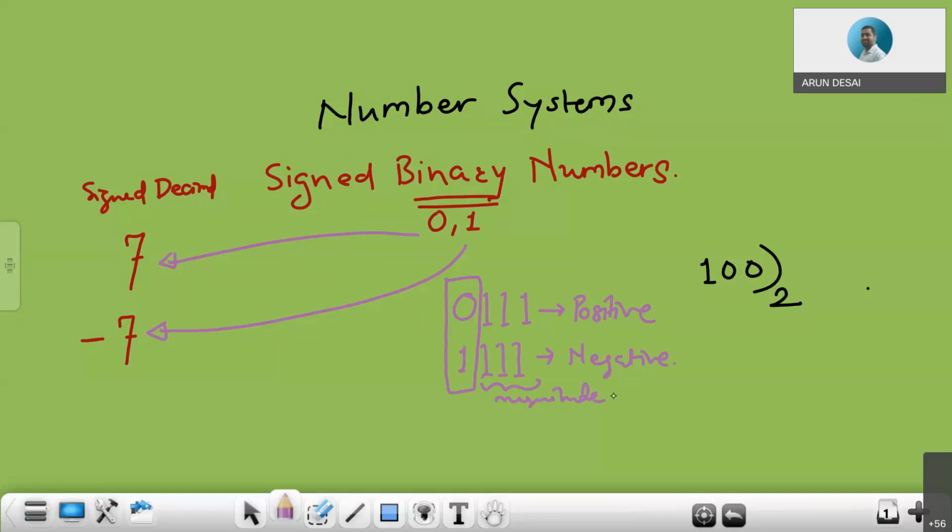So the first bit should be considered as the sign bit, and the remaining bits are considered as the magnitude of the exact number, if that representation is signed representation in case of binary. So this is about binary signed representation.